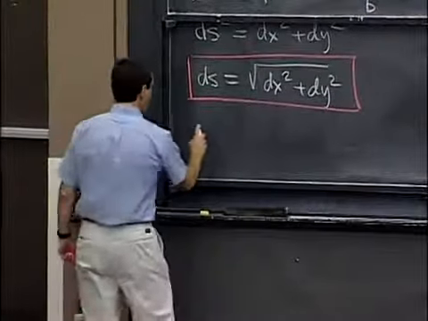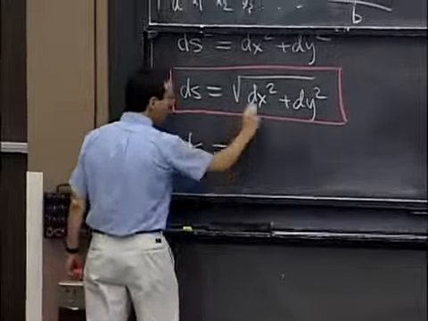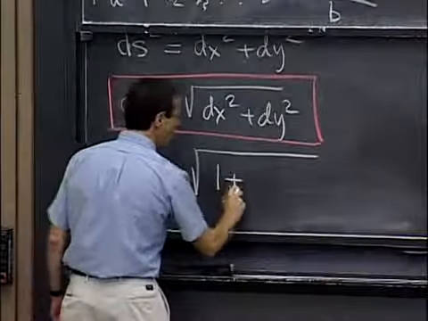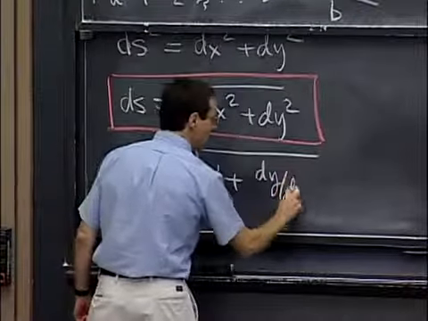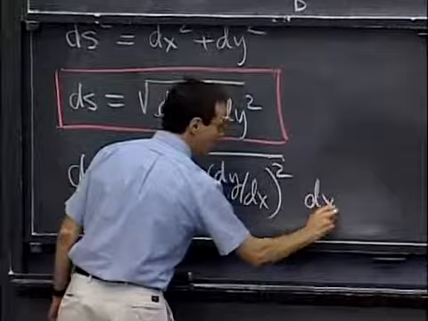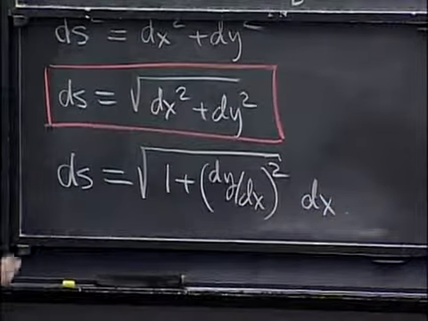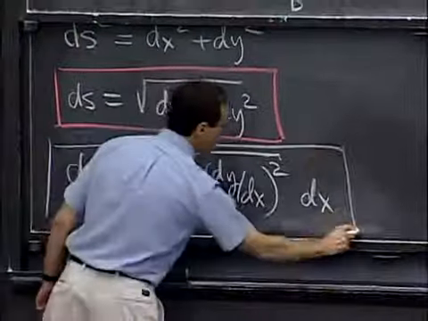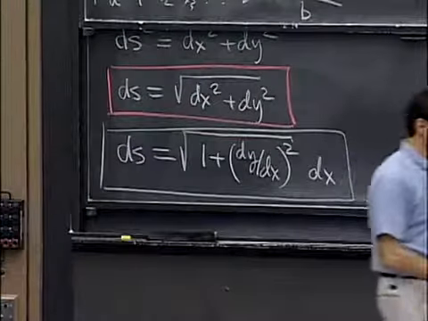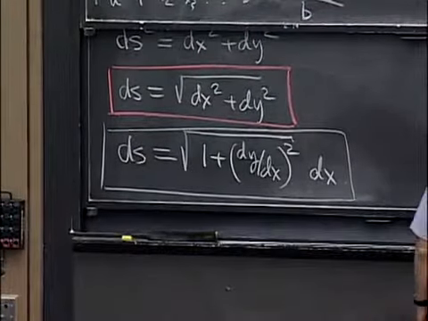The first one is that you can factor out the dx. So that looks like this. 1 plus (dy/dx) quantity squared, and then I factored out the dx. So this is a variant. And this is the one which we'll actually be using in practice right now on our examples.